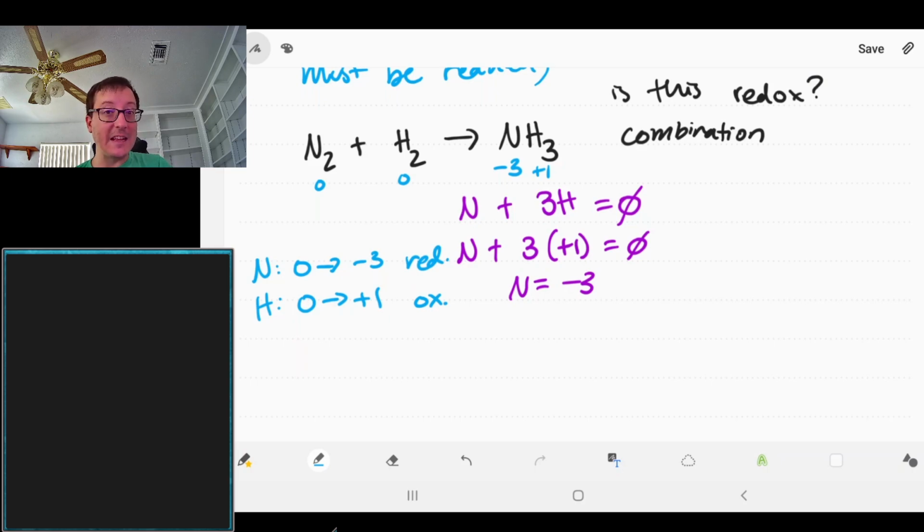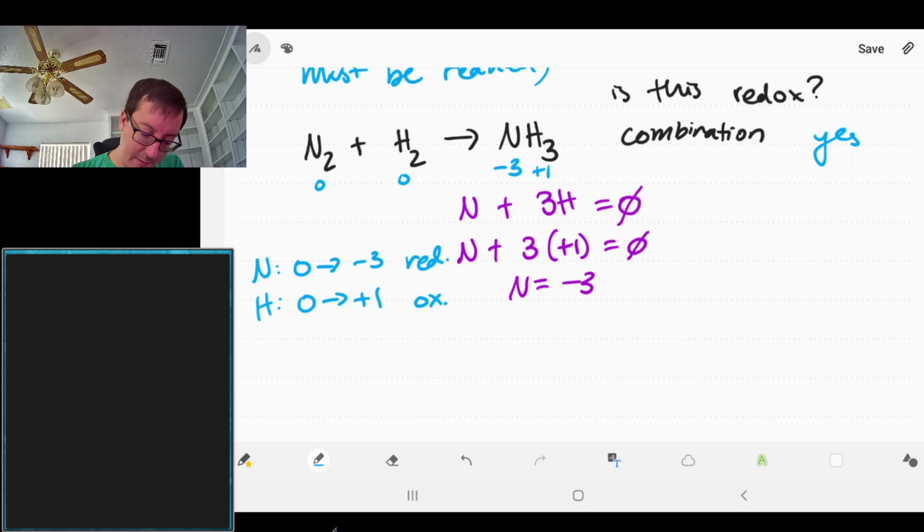We are gaining electrons, we're becoming more negative. On the other side, the hydrogen is getting more positive, it's losing electrons. As a result, we consider that an oxidation. Because something has changed in terms of oxidation numbers, yes, it is. This is a redox combination reaction. Hopefully not too bad.